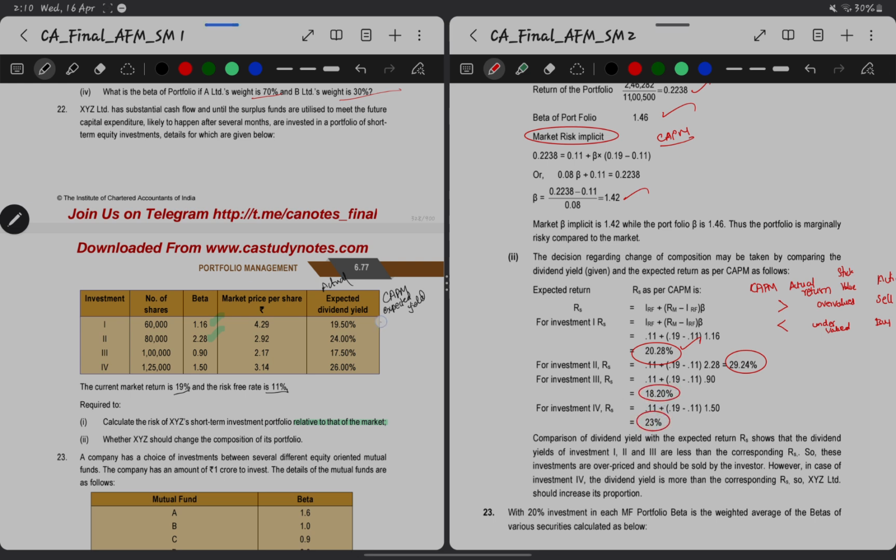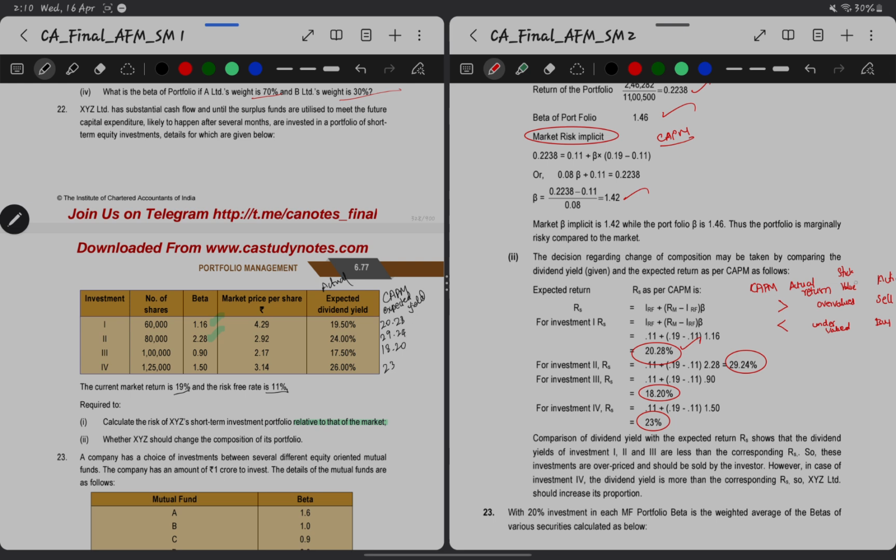So plotting this, we get 20.28, then 29.24, then 18.20, then 23. As we can see here, in the first case, CAPM is greater than the expected return.